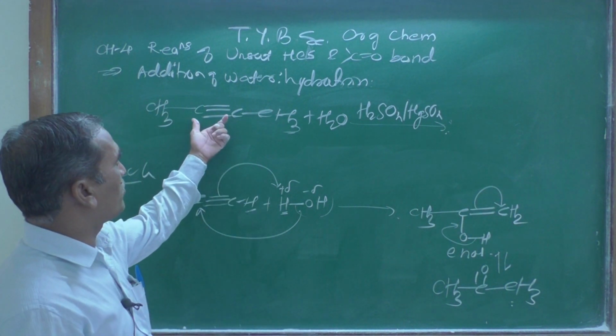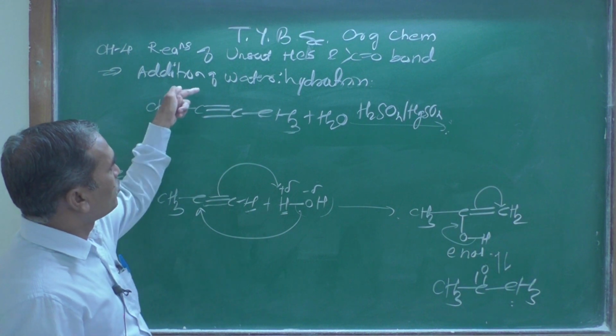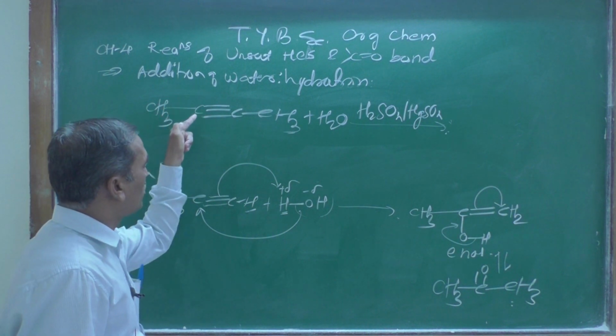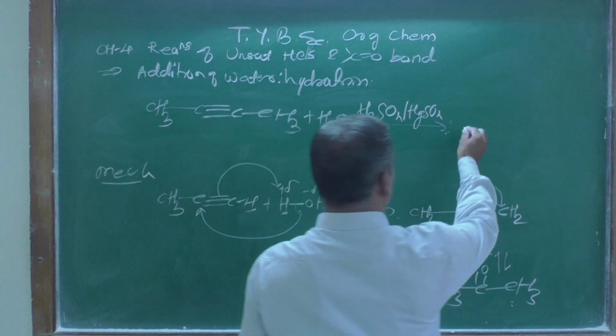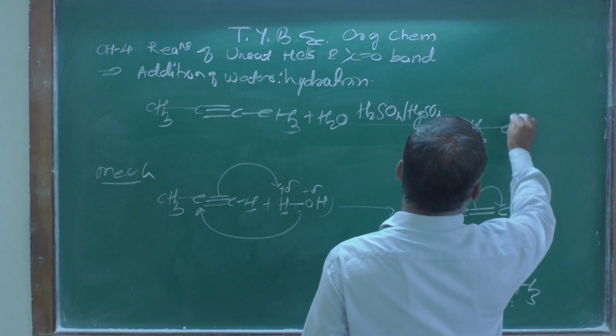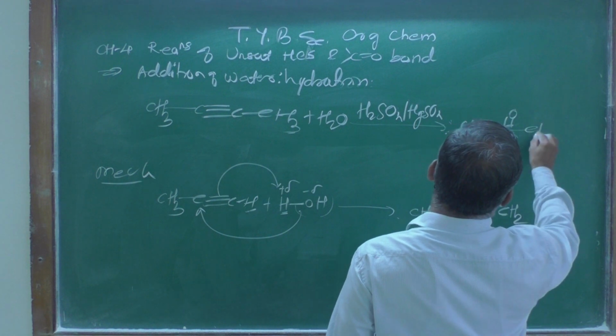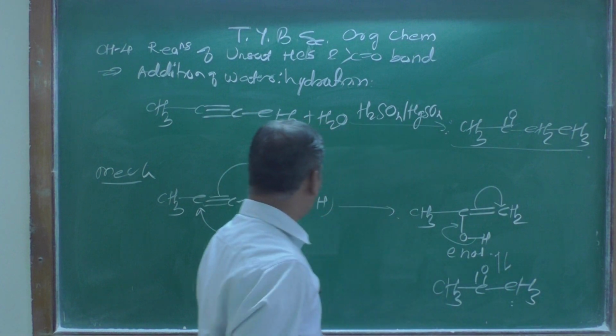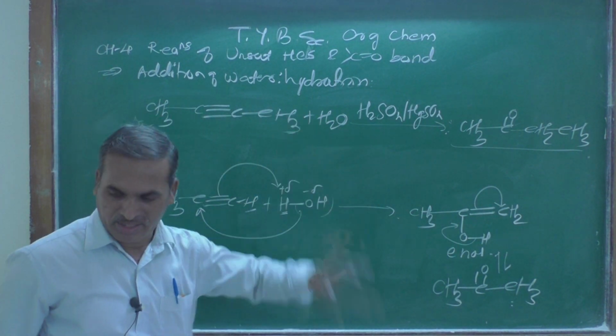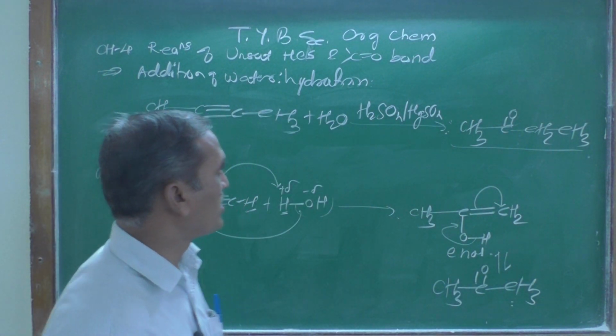And here with the carbon-carbon triple bond, you will introduce that carbonyl group either here or here, right? That's it. So you will get the product CH3, C double bond O, then CH2 and CH3. This type of product you will get if you write the mechanism.